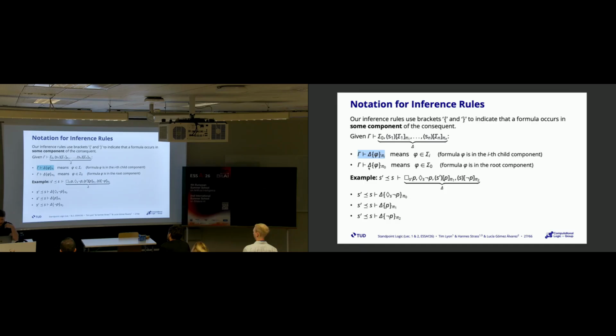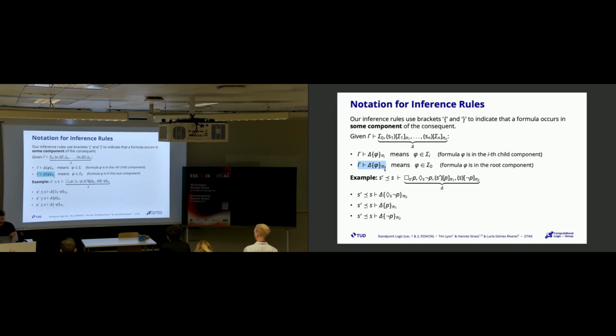If I have a nested sequent, and I have delta being the consequent, and I write in brackets a formula phi, and next to this set bracket I have a sigma I occurring, then what that is telling me is that the formula phi is occurring in the child component sigma I. Okay? So this is how this notation is used.